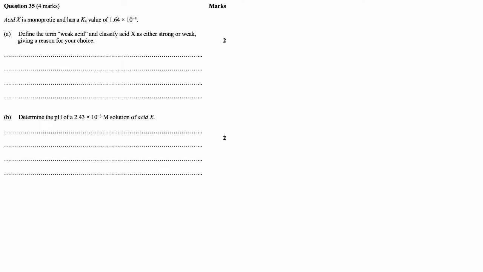Okay. All right, this one's fairly straightforward. We define the term weak acid, classify acid X as either a strong or a weak. Okay, let's just say a weak acid. A weak acid does not fully ionize, and strong, weak, and give reason. We're going to say that this is a weak acid.